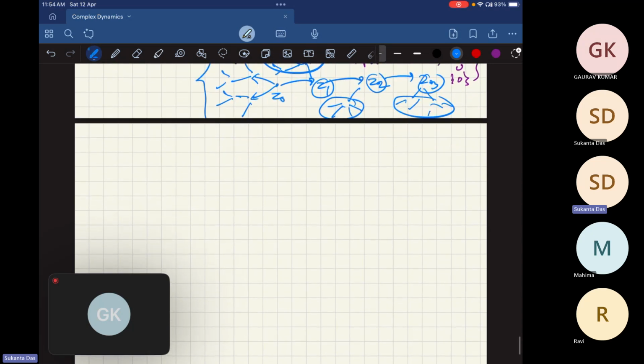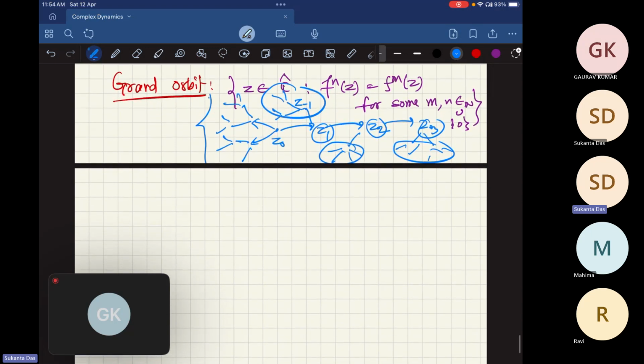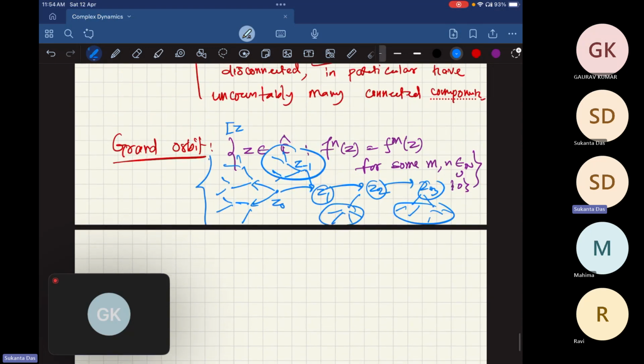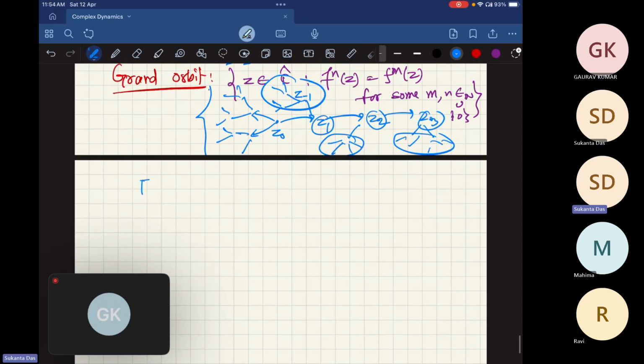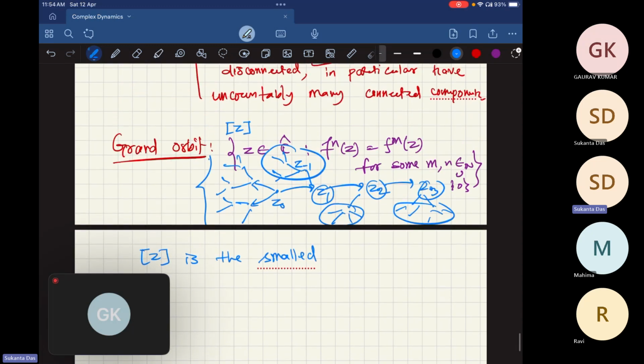Okay, now this is denoted by the third bracket of z. So this set, the grand orbit of a point, as I have defined and illustrated, you can always see is a completely invariant set, right? Because the forward images of these points are here, as well as the backward image points are also here.